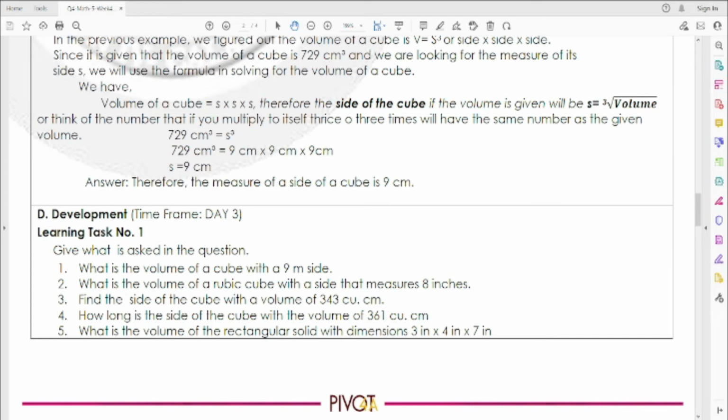Number 2, what is the volume of a Rubik's cube with a side that measures 8 inches? 3, find the side of the cube with a volume of 343 cubic centimeter. 4, how long is the side of a cube with a volume of 361 cubic centimeter? And number 5, what is the volume of the rectangular solid with dimensions of 3 inches times 4 inches times 7 inches? You're looking for the volume of a rectangular solid.